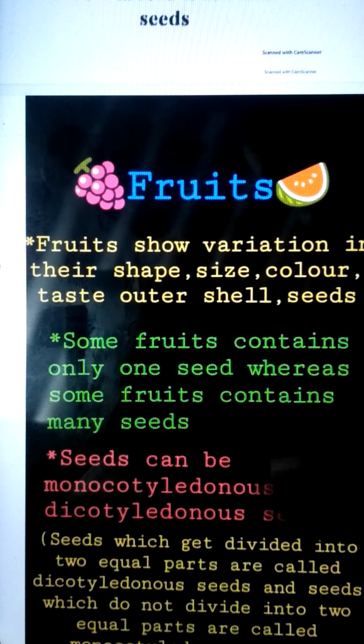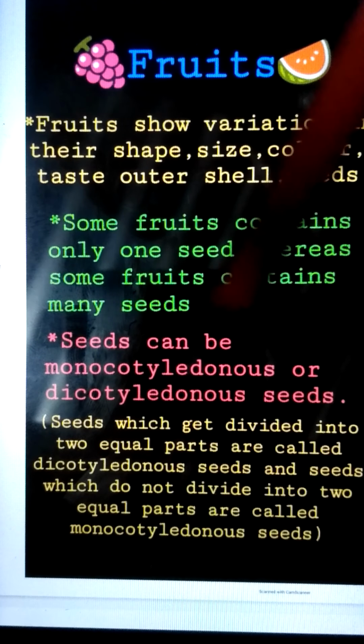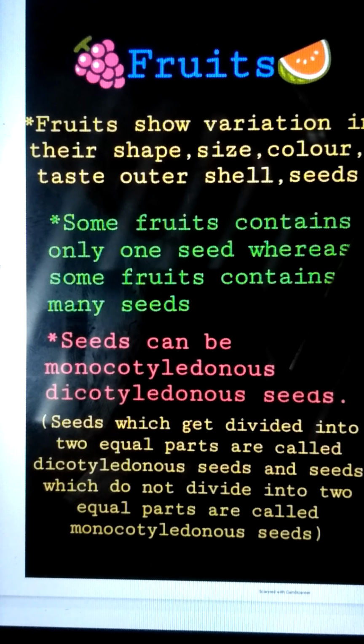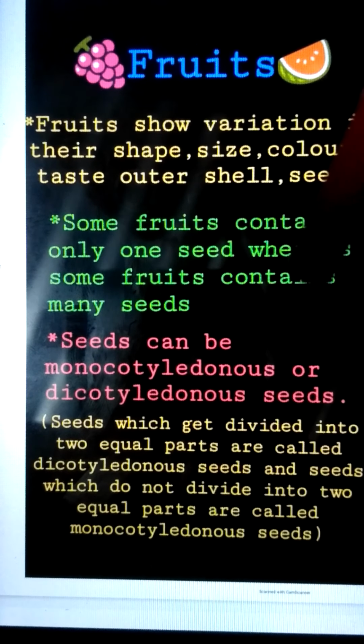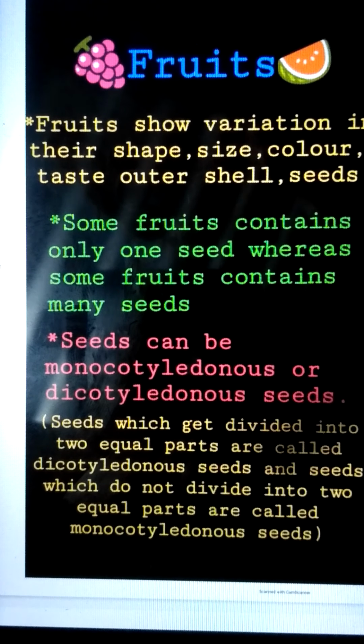Okay, now what? Seeds can be monocotyledonous or dicotyledonous. It means fruits bear seeds, and you know that a seed can be monocotyledonous or dicotyledonous. So what is monocotyledonous or dicotyledonous?